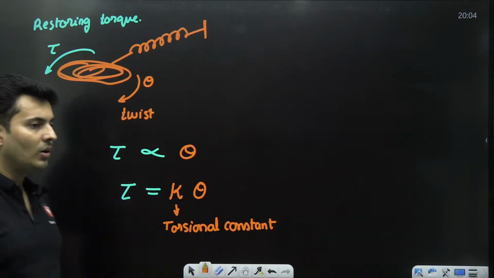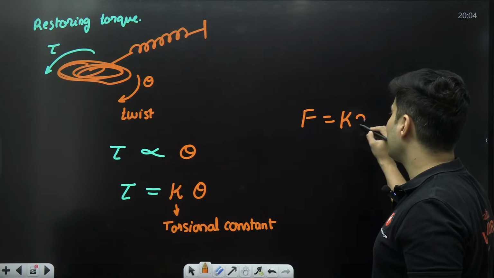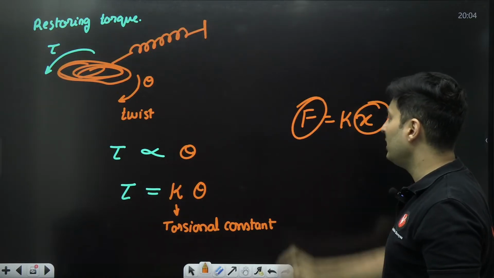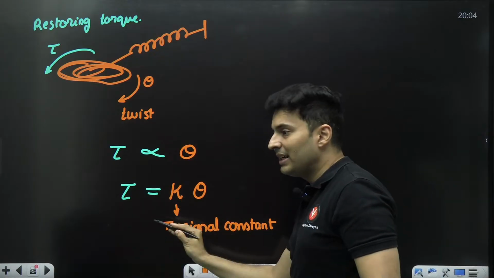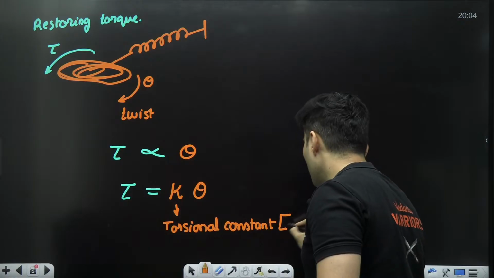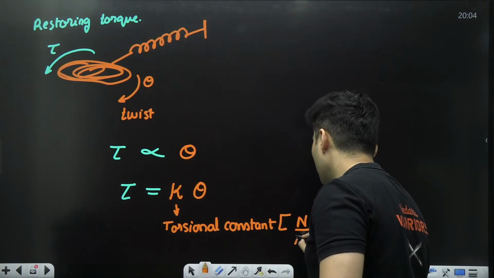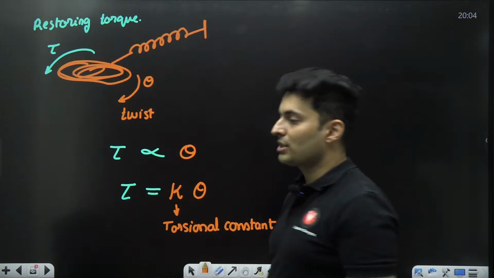Why not spring constant? Because spring constant is when F is kx. This is displacement in meters, this is in Newton. When you have Newton per meter, torque and radian, this is torsional constant whose unit is Newton per radian. Is this clear? This is torsional constant.